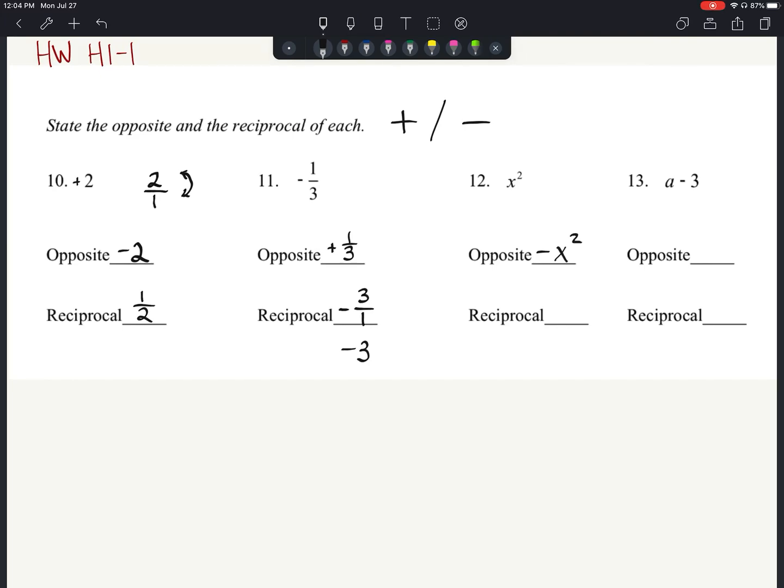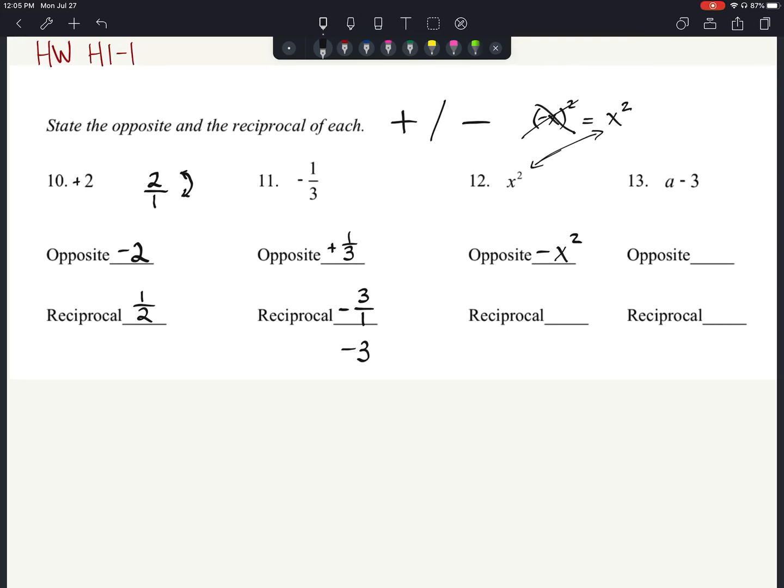Notice I didn't put parentheses in there, because if I had put parentheses and tried to simplify, that's the same thing as saying a negative x times a negative x, which gives you an x squared. So that's why we don't put parentheses for the opposite, because that would equal the same thing it already was. We actually want the expression without the parentheses.